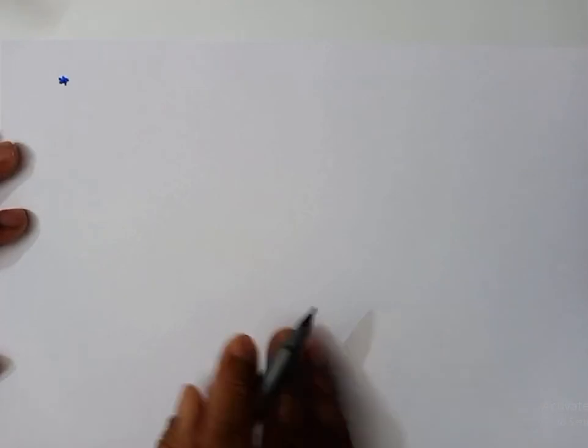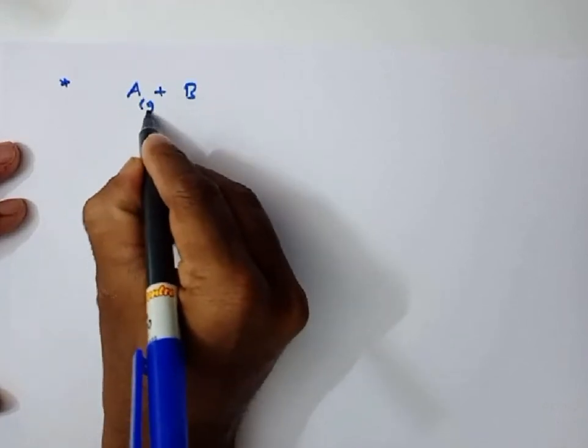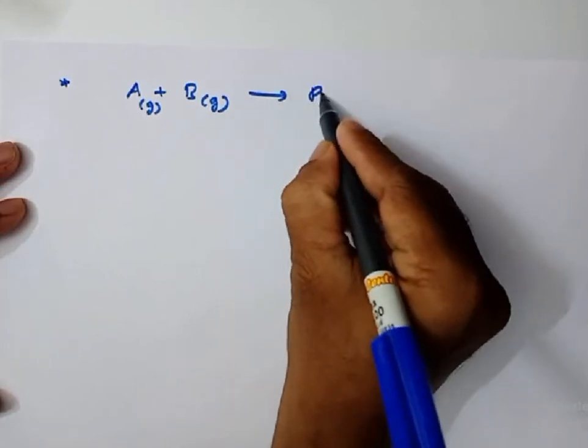Before telling you what happens when activation energy is 0, let me show you how to understand activation energy through a potential energy diagram, also called an energy profile diagram. Suppose I take some reaction A plus B, A in gas phase, B also in gas phase, they collide and form some product.